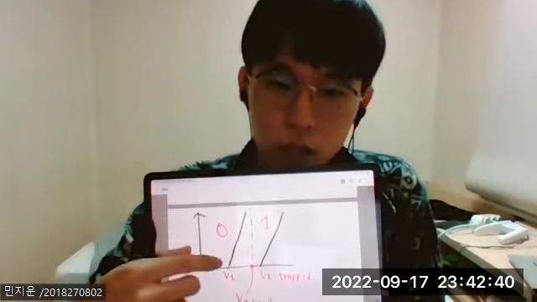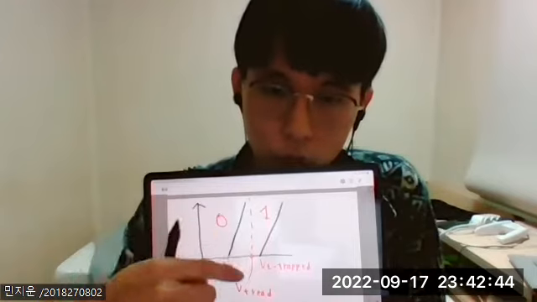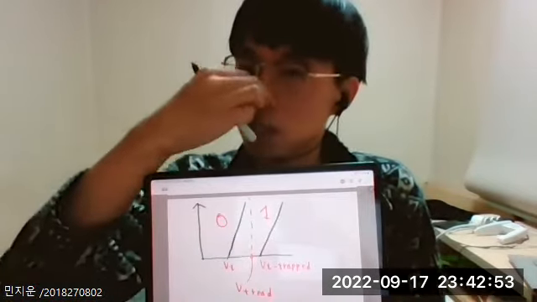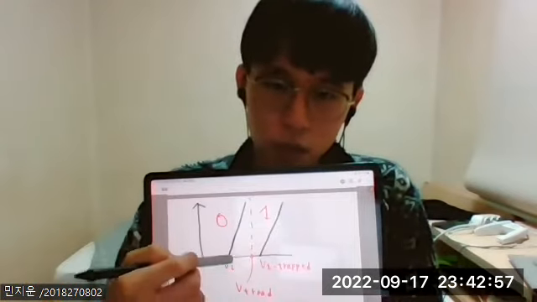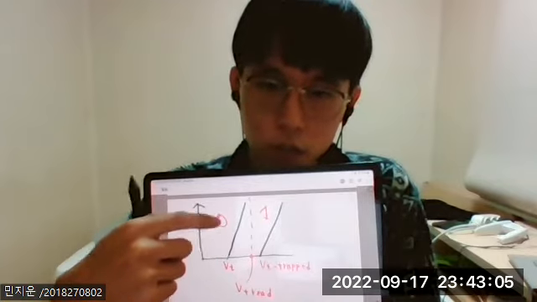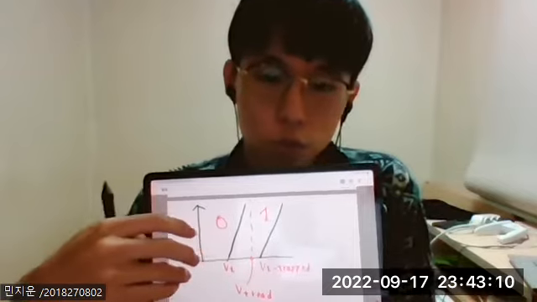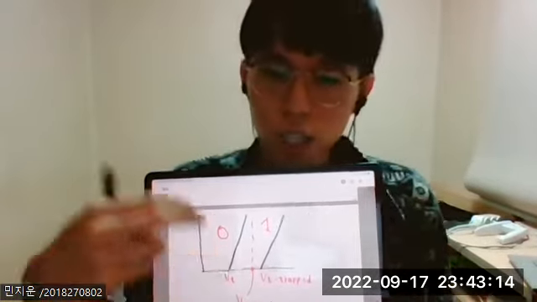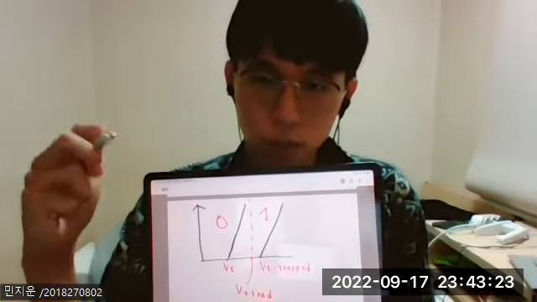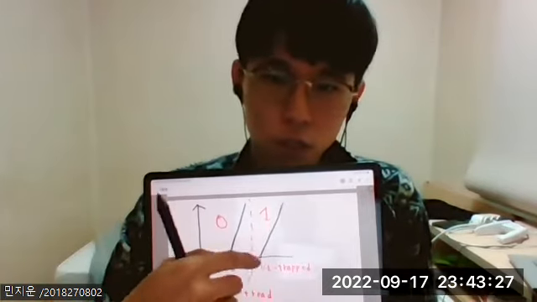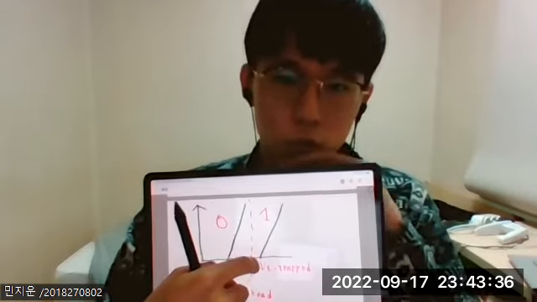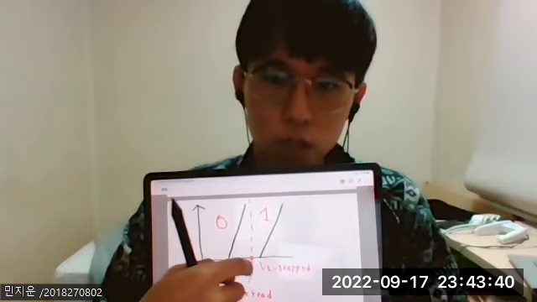If you want to read, at this graph, when you apply the read voltage, if the current is small, that means there are electrons in the floating gate, because the threshold voltage is bigger because of the trapped electron.